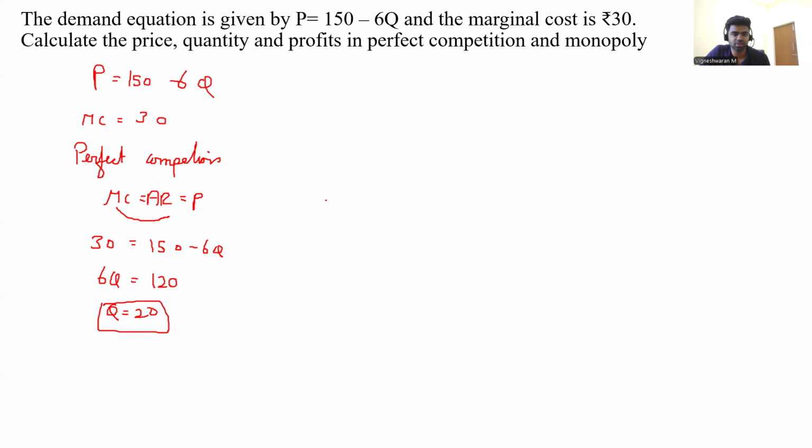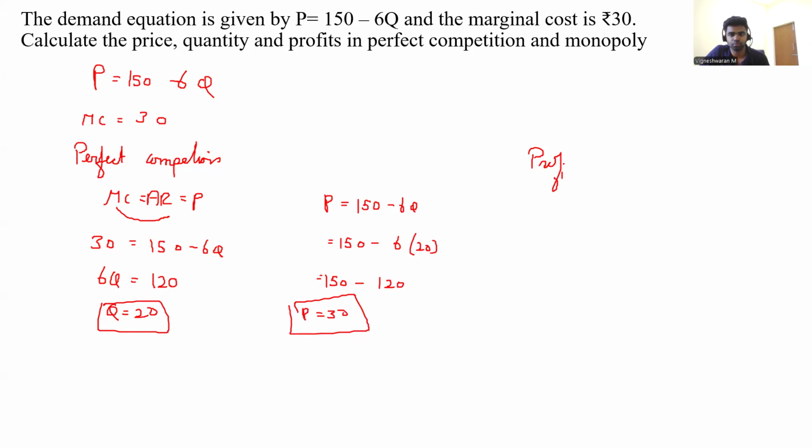What will be the price? They gave the price equation as 150 minus 6Q. That is 150 minus 6 into 20, 150 minus 120. So price is equal to 30. Okay. What will be the profit? Profit is equal to total revenue minus total cost.